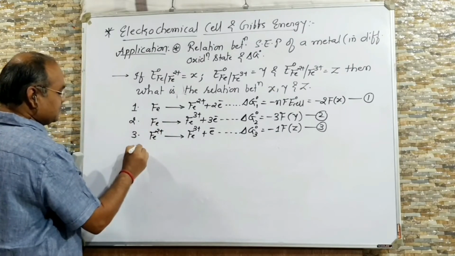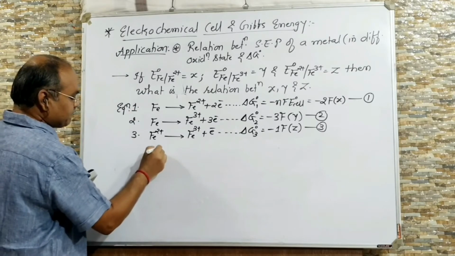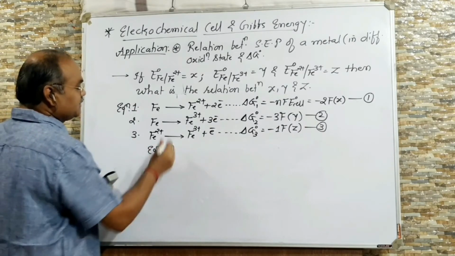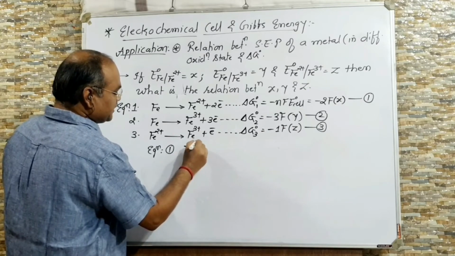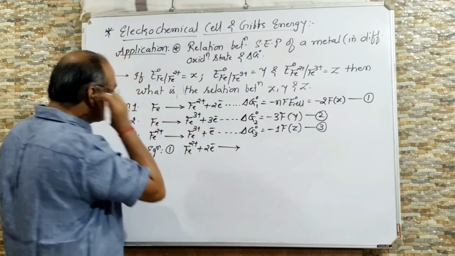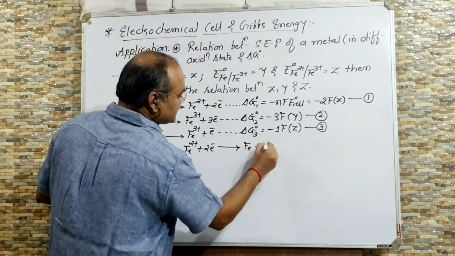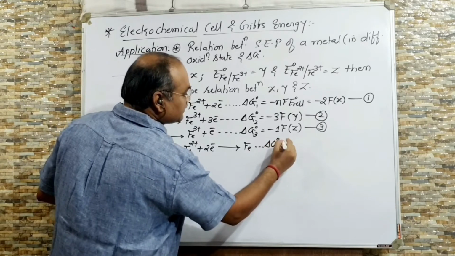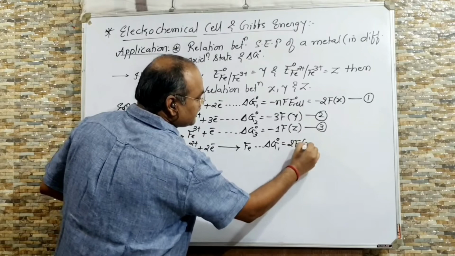This equation 1 I can write it like this. Fe2 plus takes 2 electron and gets deposited as Fe. So I am reversing, delta G01 will be equal to 2Fx.